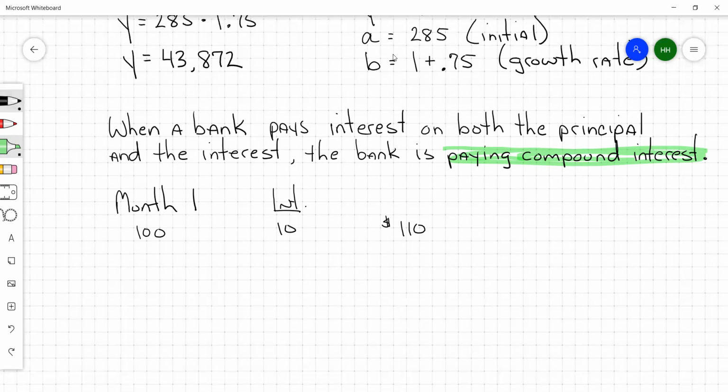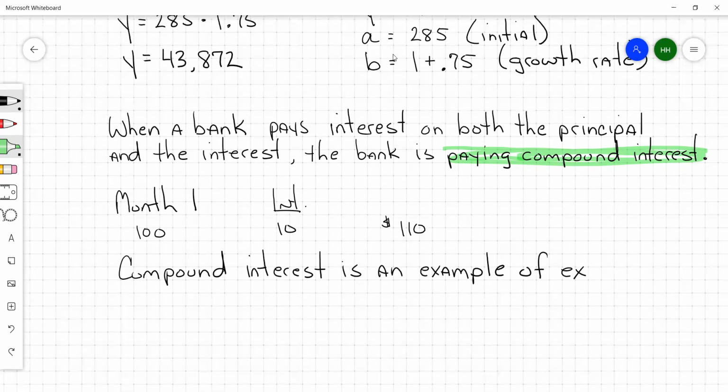All right, we're going to say that compound interest is an example of exponential growth.